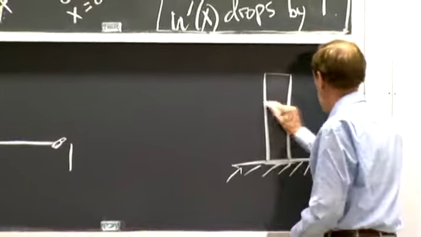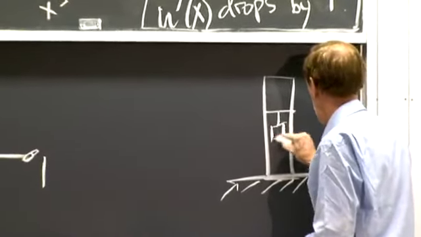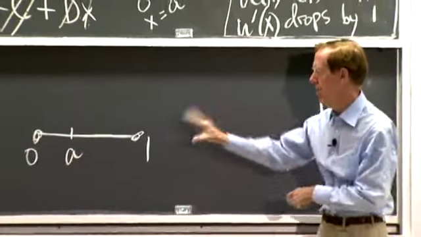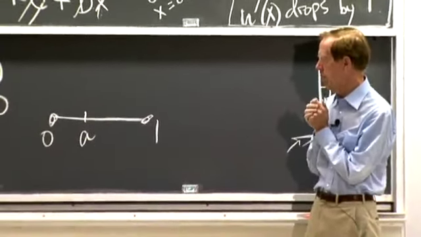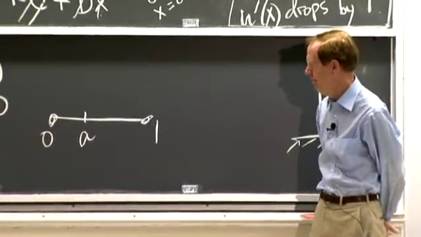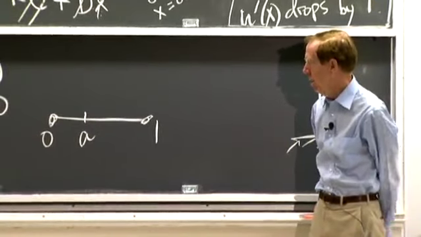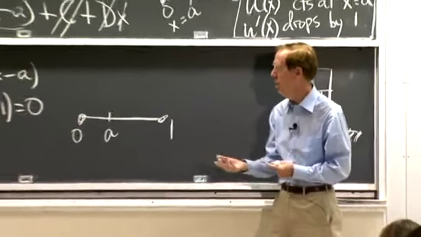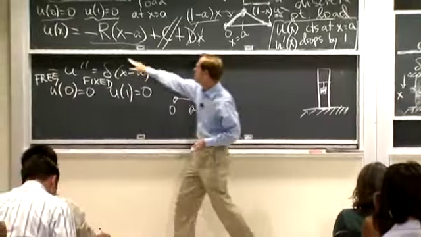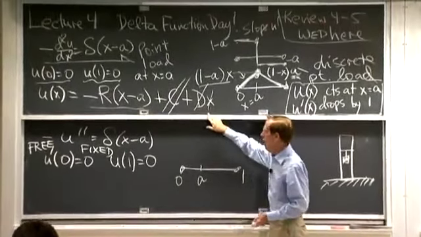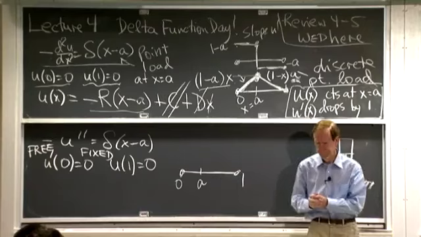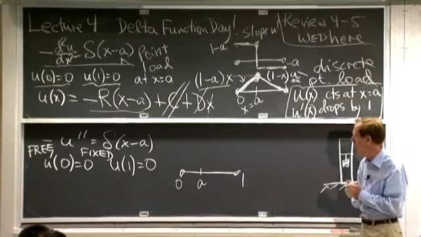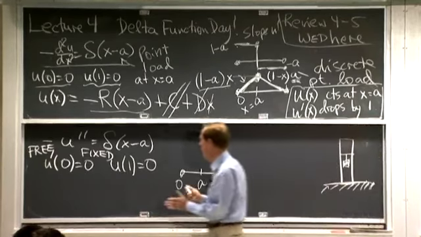And it's got its load here hanging down. But let's do it math first and then check with the picture. We've got two or three ways now to try to get the answer. The systematic way would be to write down this solution and plug in the two boundary conditions. That'd be a straightforward way. Yeah, we could even start with that.